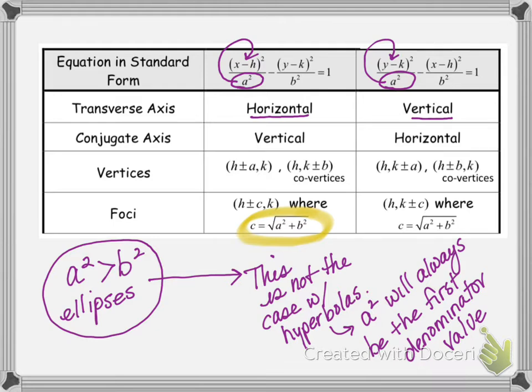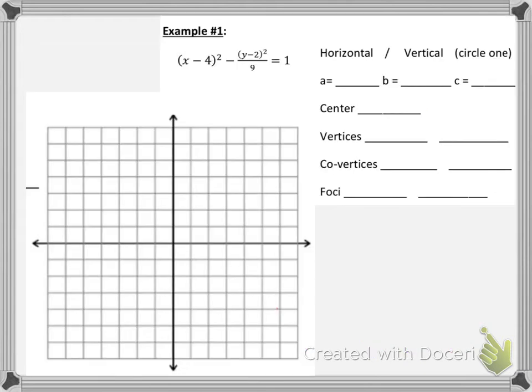For ellipses, I'll put this over here to make sure you understand that this was ellipses, we use the formula c equals plus or minus the square root of a squared minus b squared, okay? But here, we will be adding for hyperbolas. So note the difference. Let's go ahead and practice some graphing.